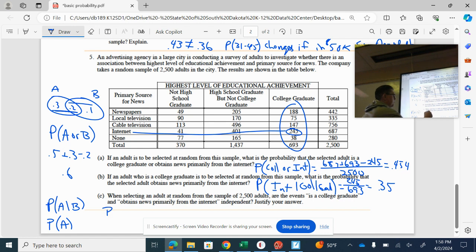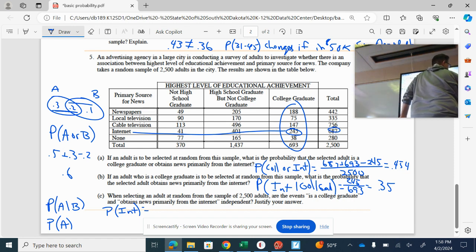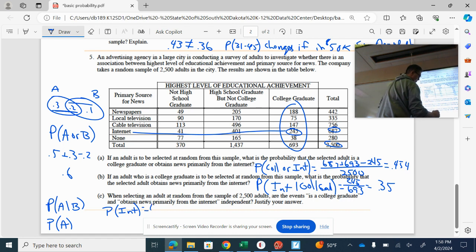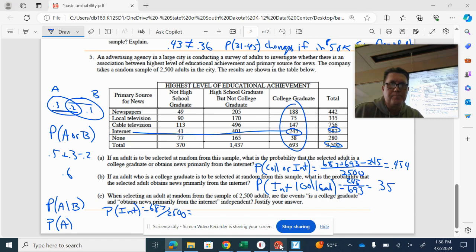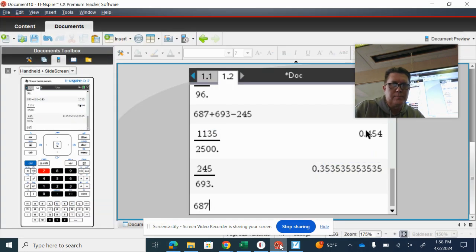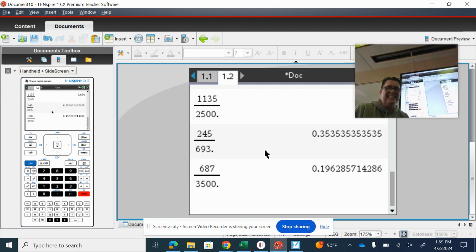So let's find the probability of just getting info off the internet alone. We haven't done that yet. Probability of internet alone is 687 out of 2,500. Now, if that value is the same as this, if it's 35%, then they're independent. And we get 19%.